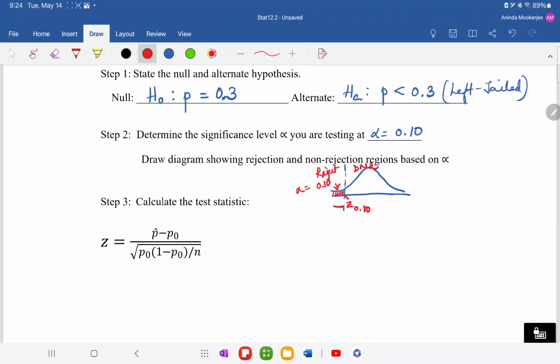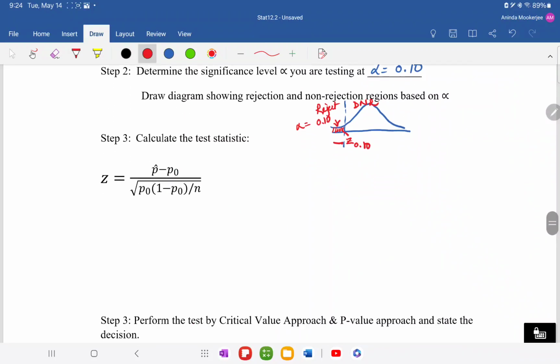However, let's move on to step 3, that is finding our test statistic. The test statistic formula here is p hat minus p sub 0 divided by square root of p sub 0 times 1 minus p sub 0 divided by n.